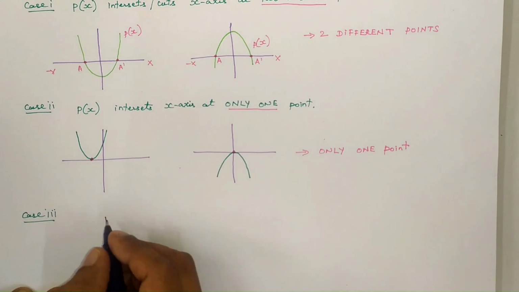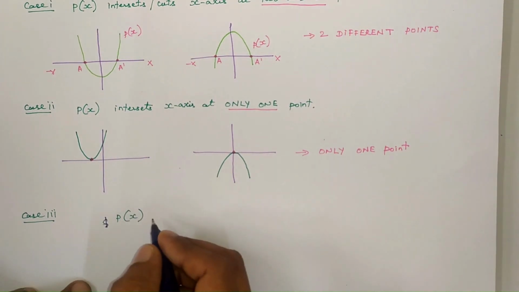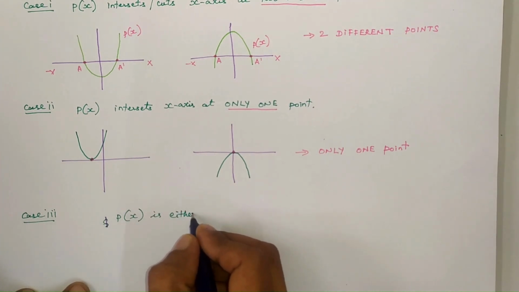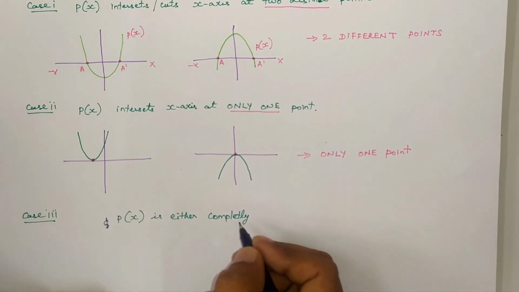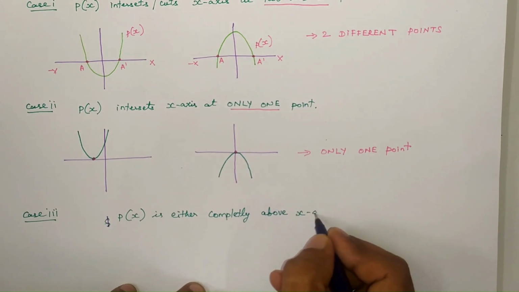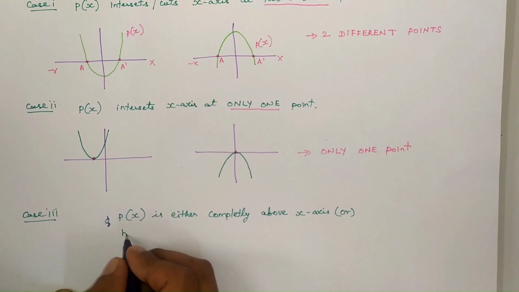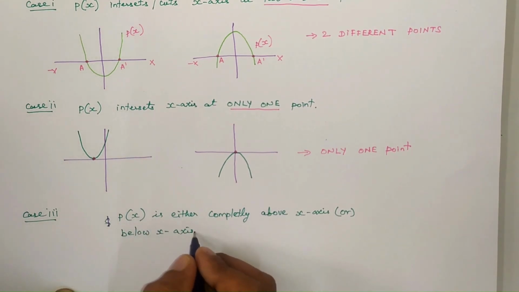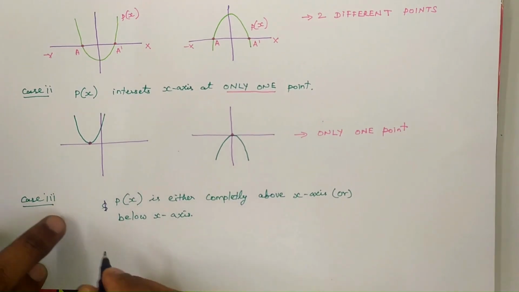So p of x is either completely above the x-axis or below the x-axis. It is completely either above or below the x-axis. How will the graph be? The graph will be like this.